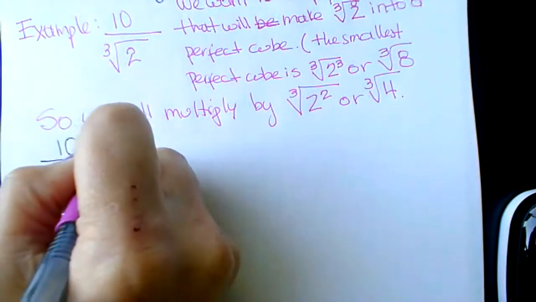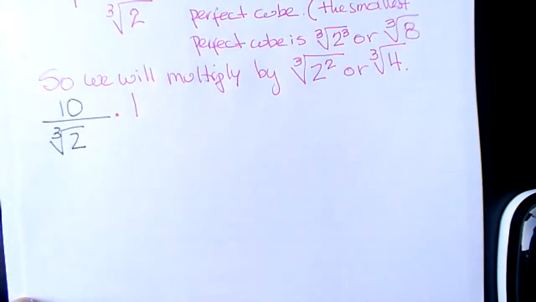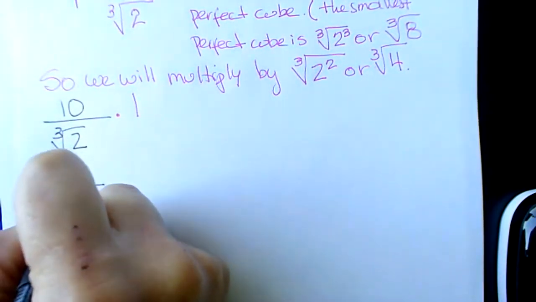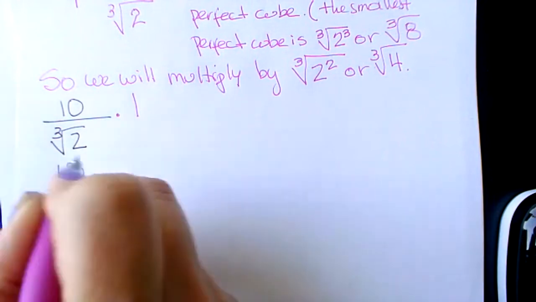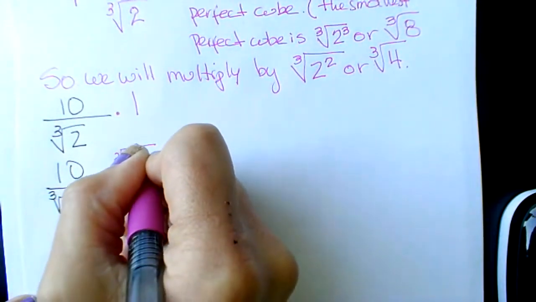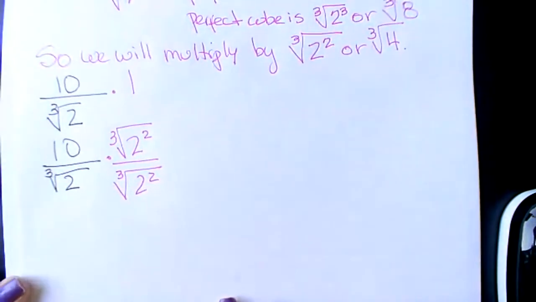We're going to multiply it by 1. But what is our 1? Our 1 is going to be the cubic root of 2 to the second power over the cubic root of 2 to the second power, okay?